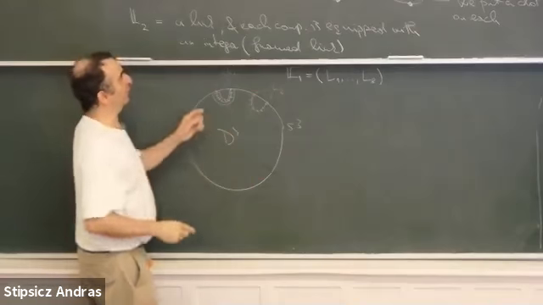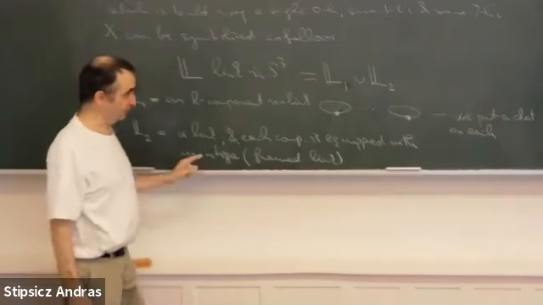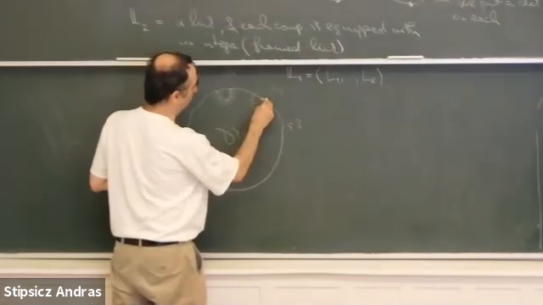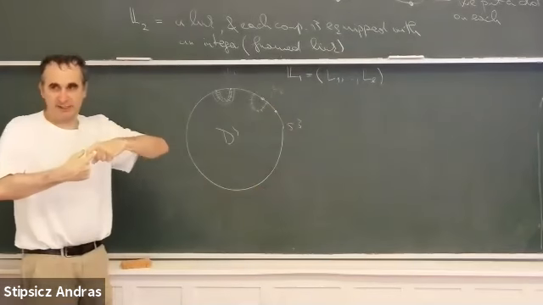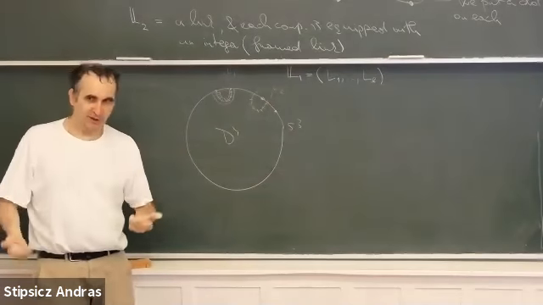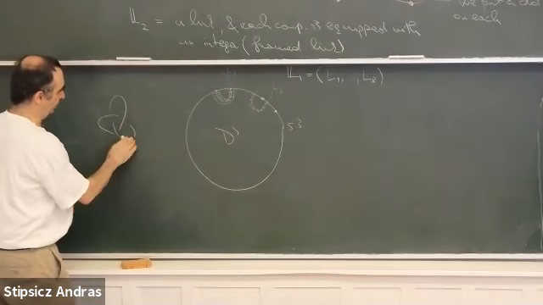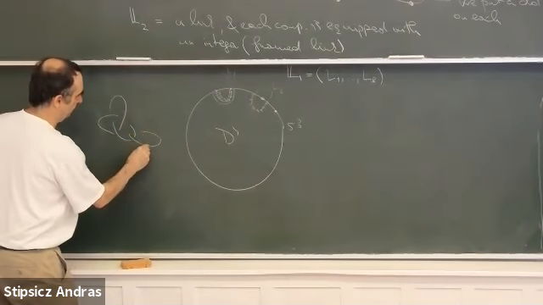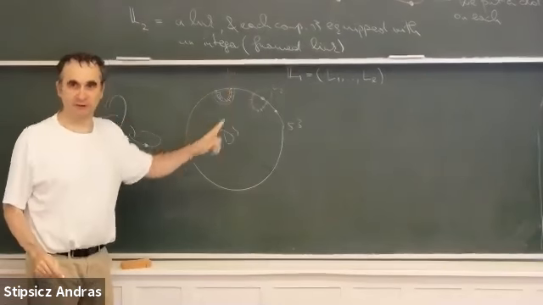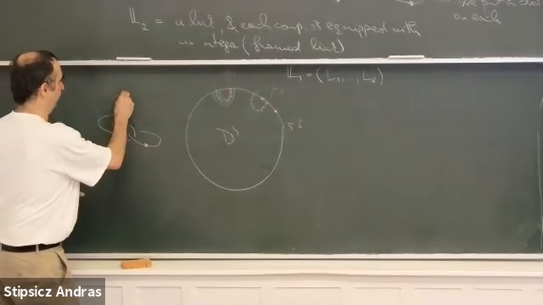And then you have components of boldface L2, which are framed knots. So there is a component like this, which might be linked, and this can be a very complicated knot. Say, my favorite complicated knot is, of course, the trefoil. So it can look like this. It is linked to one component of boldface L1, and then it comes with a number. There is a framing.